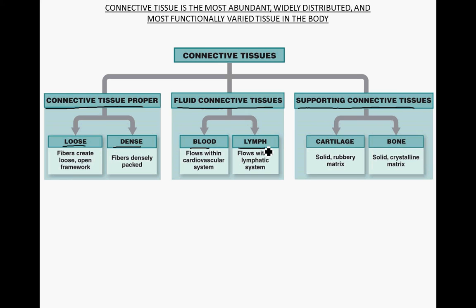And then the supporting ones, the cartilage, and underneath the cartilage there are three flavors of cartilage that we'll see as well. So all told, you have 1, 2, 3, 4, 5, 6, 7, 8, and then a couple of subclasses of these. So there's about 9 or 10 different connective tissue examples that will be covered a little bit later in the chapter.